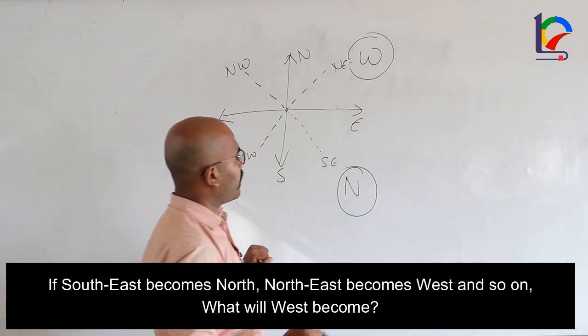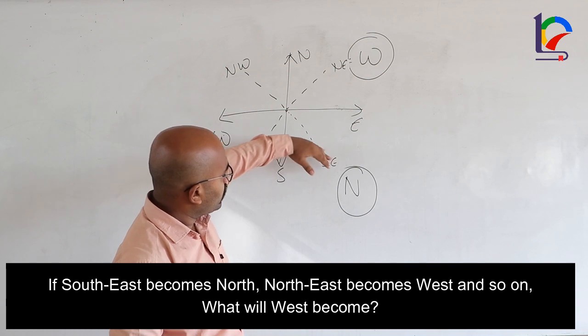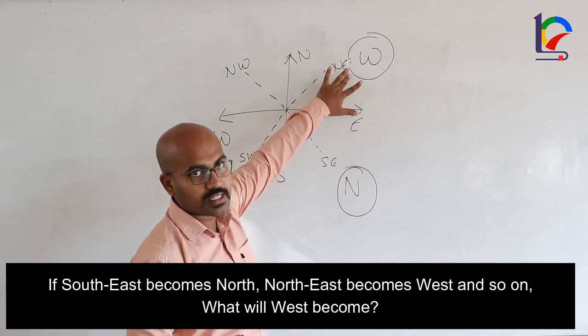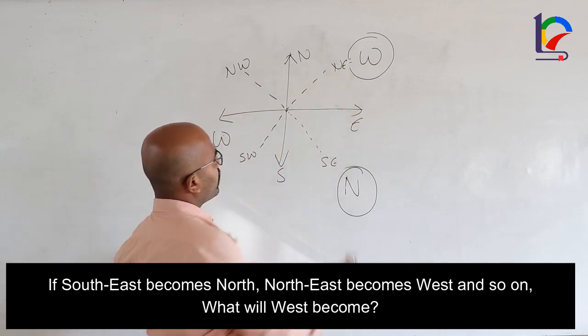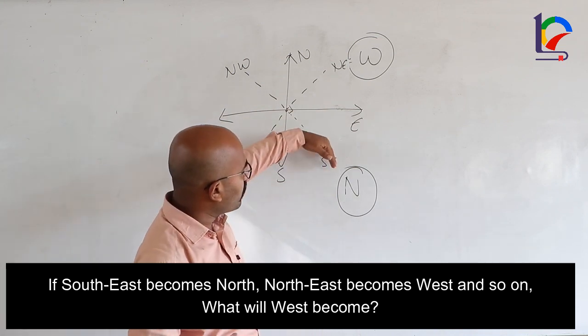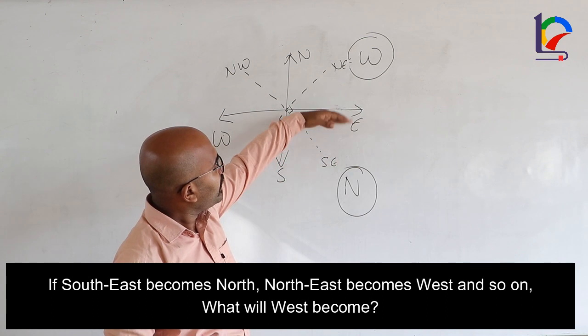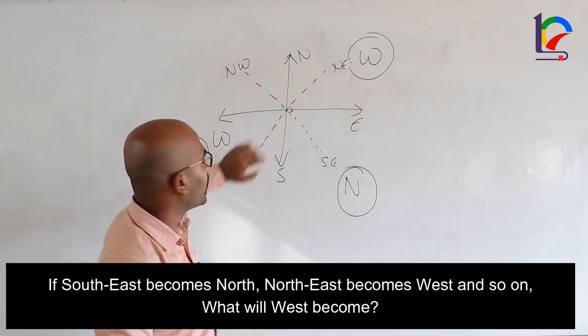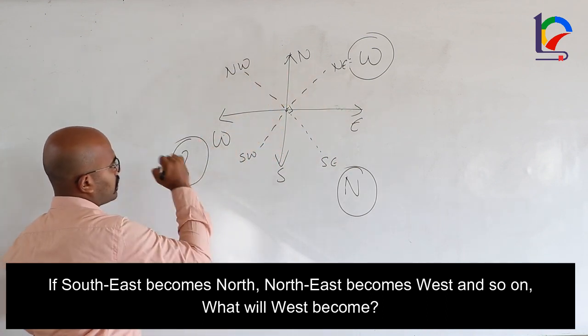So as we know, from north to west, the angle between these two is 90 degrees. So we are moving in the anti-clockwise direction.